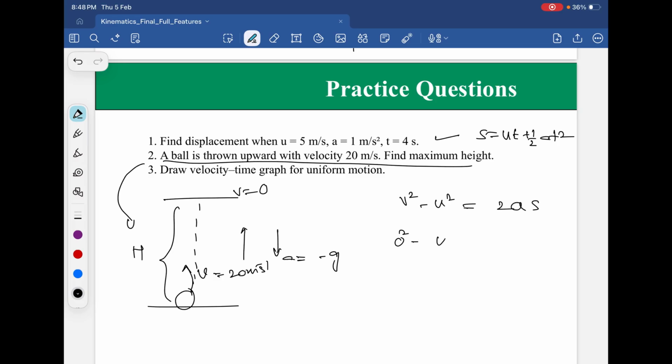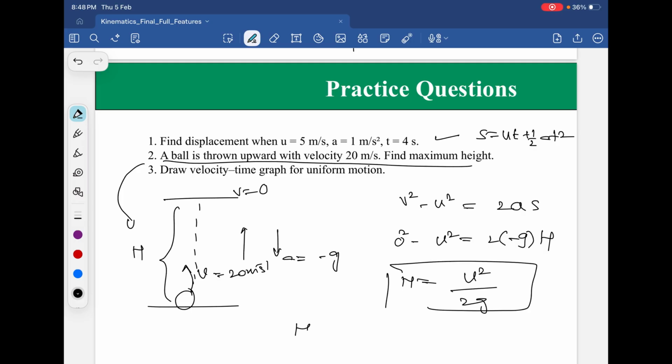Velocity is 0, so minus u square is 2 into a, which is minus g. So maximum height becomes u square by 2g. Substitute the value: u is 20, so 20 into 20 by 2 into g, taking g as 10 for calculation. It goes 2 times, so maximum height is 20 meter.